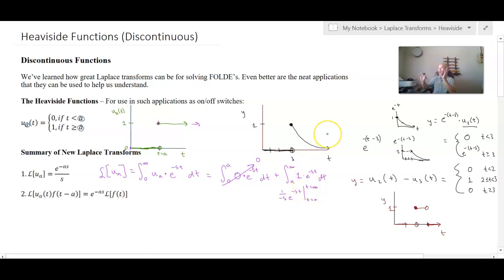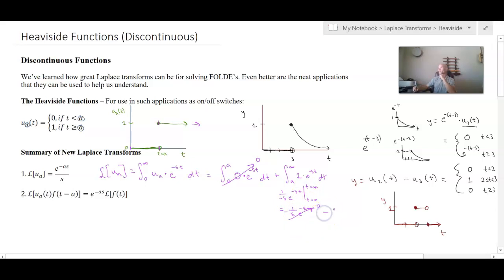Now, I know some people will say you can't plug in t equals infinity. That's okay. We'll get the same idea. So we have negative 1 over s times e to the negative s times infinity. The point here is that for negative exponents, e to the negative infinity goes to 0.